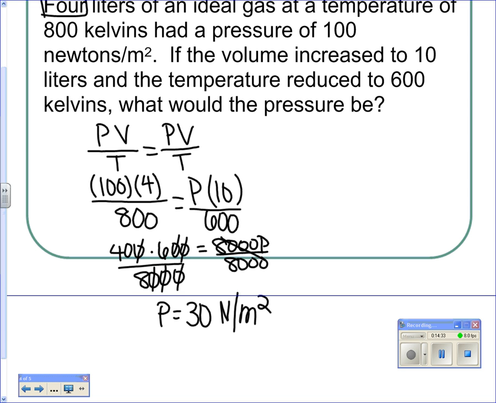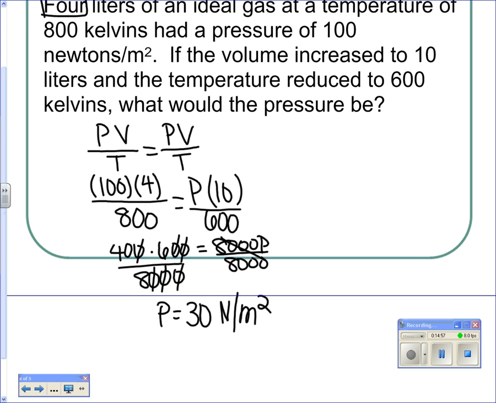Four times 100 gave you the 400, and then times 600. Oh, okay. So, very straightforward. Your formula is determined by what the problem is.